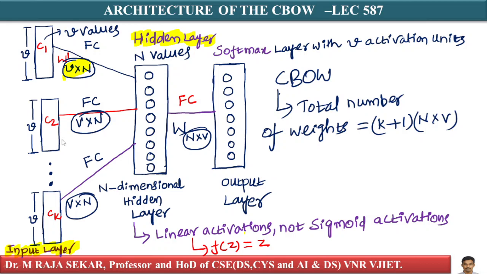What is the reason? Just see here, you have V cross N, V cross N, V cross N. How many are there?